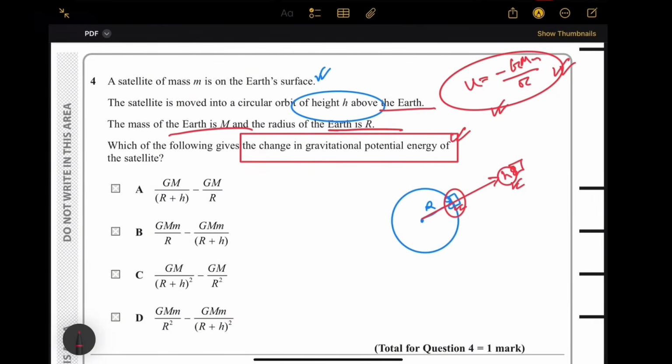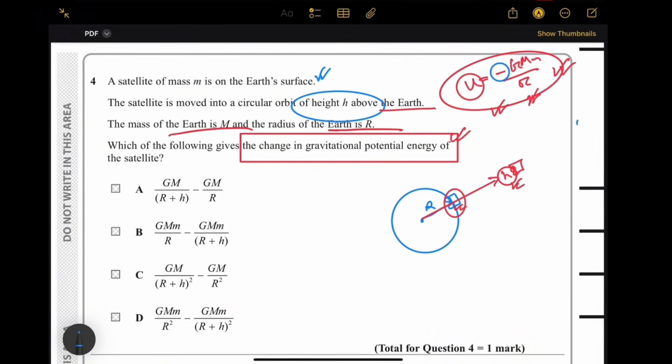Now we know gravitational potential energy is equal to minus GMm by R, and some students ask why there is a negative sign right here. I'm going to explain that. The GPE is negative because gravitational forces are attractive, and the reference point where U is 0 is taken at infinity.